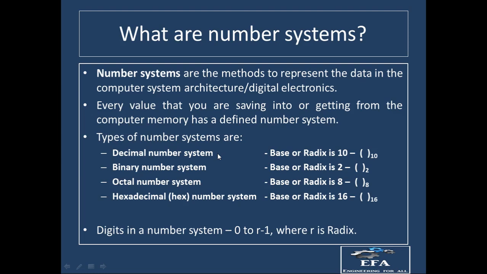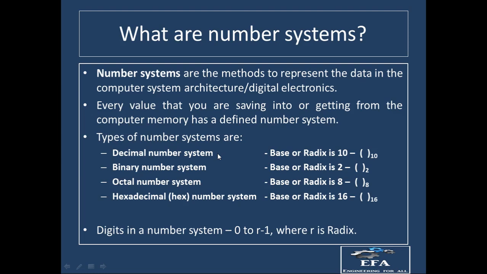When we book a train ticket, we have to fill in the number of seats. The number of seats can be 1, or 2, or 3, or 4, or any number up to the limit described by the railways. When we enter the number of seats into the system, that is entered in the form of 1 or 2 or 3, that is the decimal number.